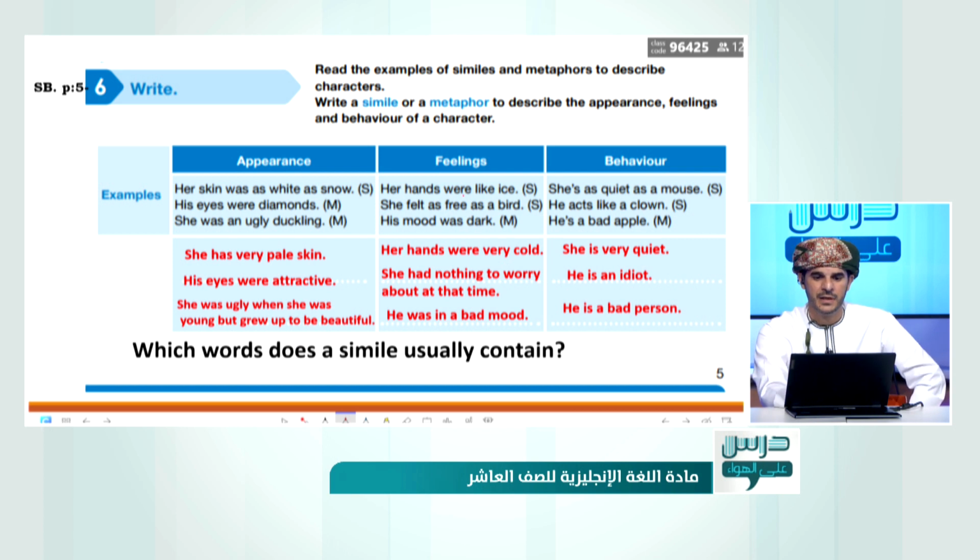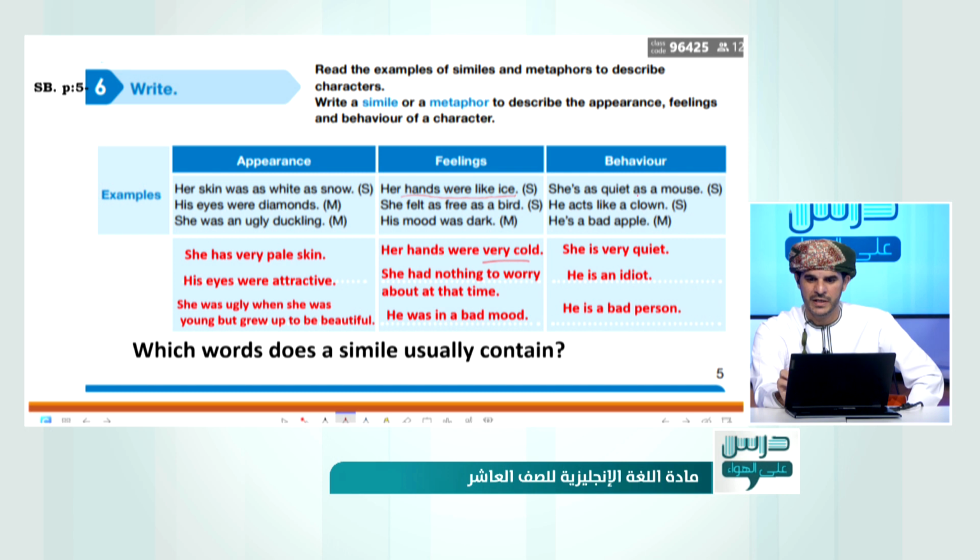Her hands were like ice, means what? Very, very cold. She felt as free as a bird. She had nothing to worry about at that time. His mood was dark. He was in a bad mood, angry and so on.